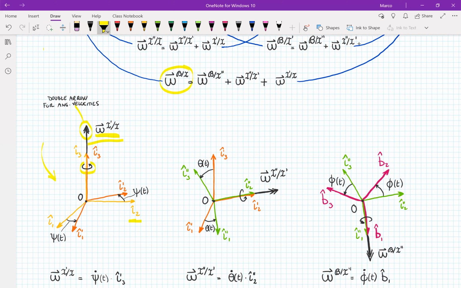So you know already what it means. And of course, in this case it points upwards, it means that when you look at things from above, the rotation happens counterclockwise.